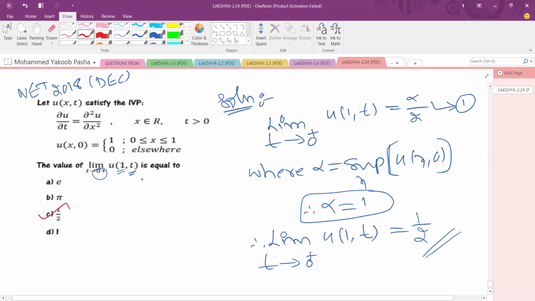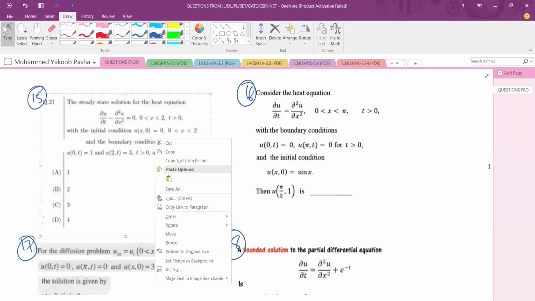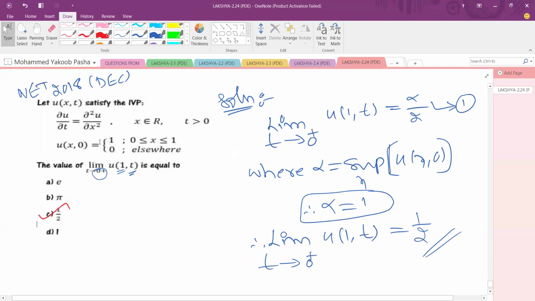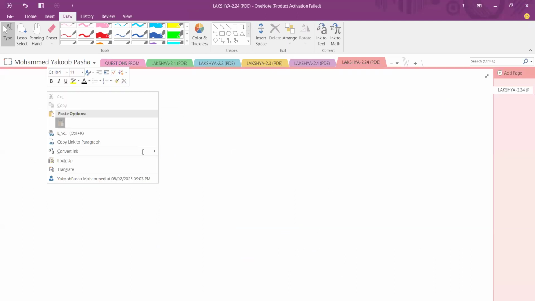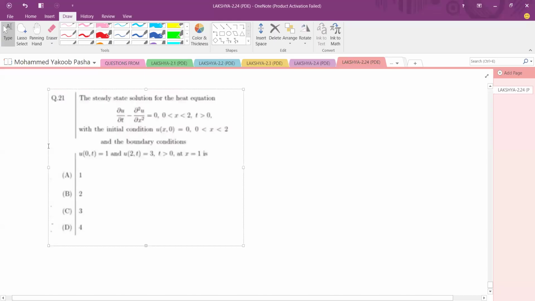Okay, now next I am taking another problem. This is GATE 2022 question. And this is a very long, lengthy question, but you can solve it within 1 minute.